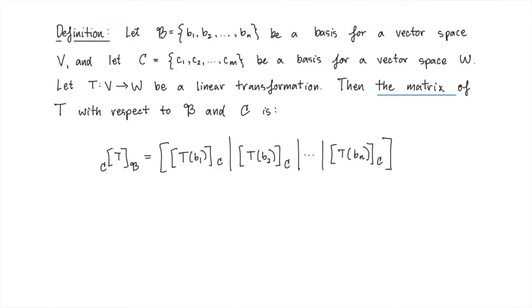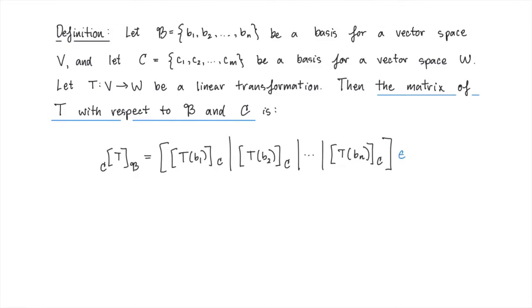Then the matrix of T from B to C, or the matrix of T with respect to the bases B and C, is the matrix whose columns are the C coordinate vectors for T of B1, T of B2, all the way up to T of Bn. We write this with a T in brackets with a script B and script C on either side.